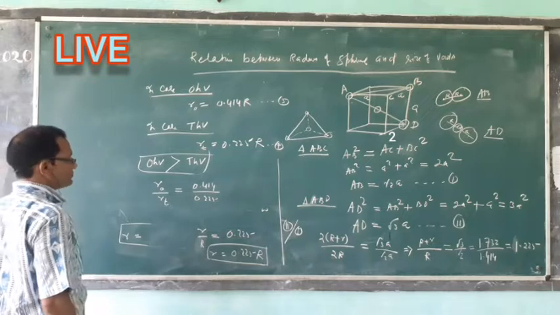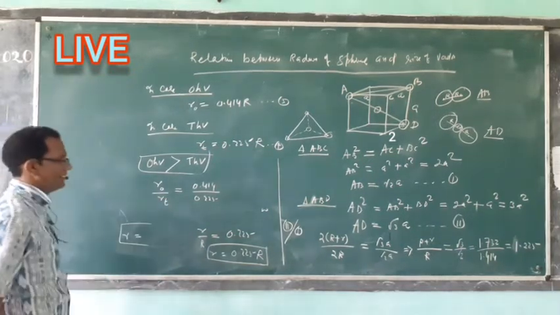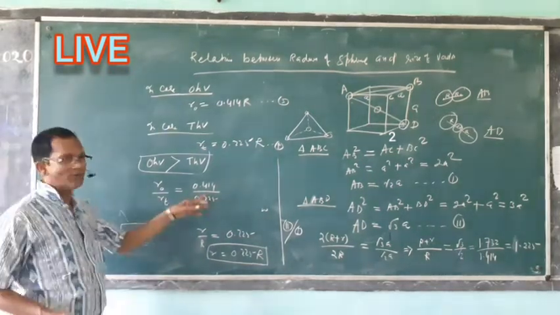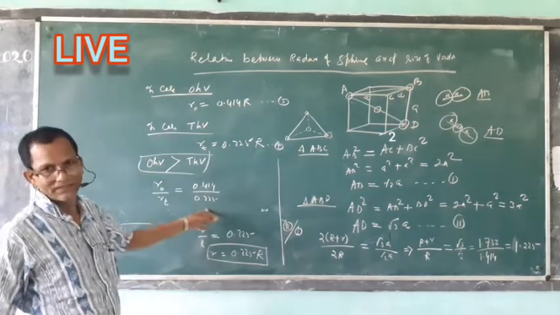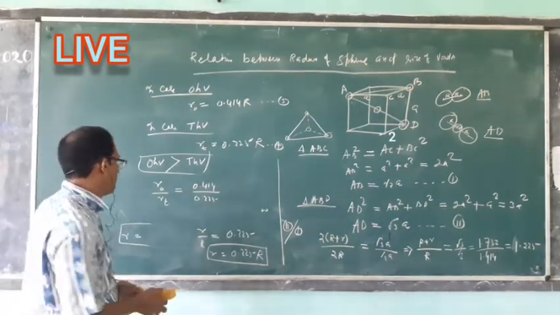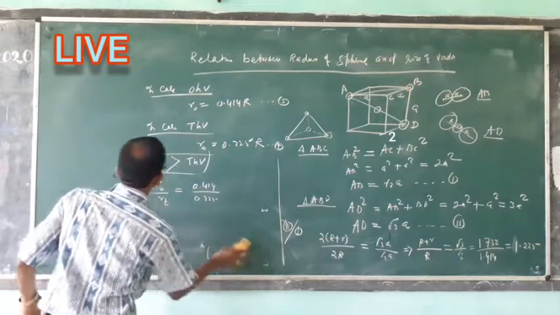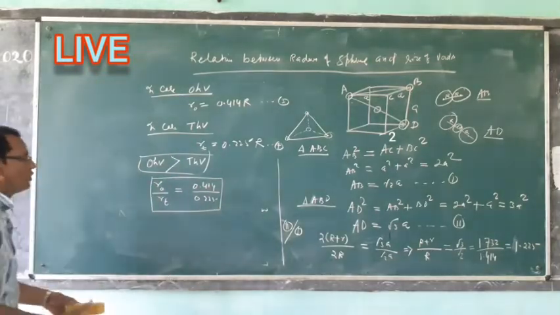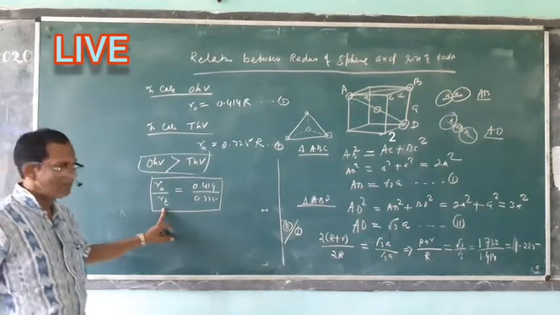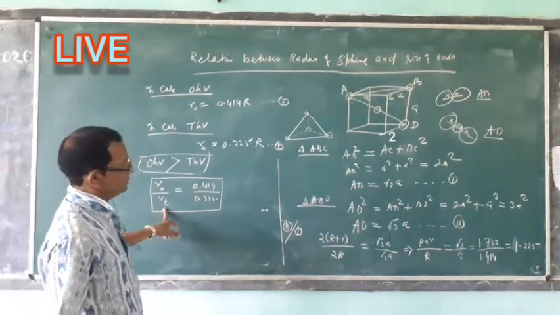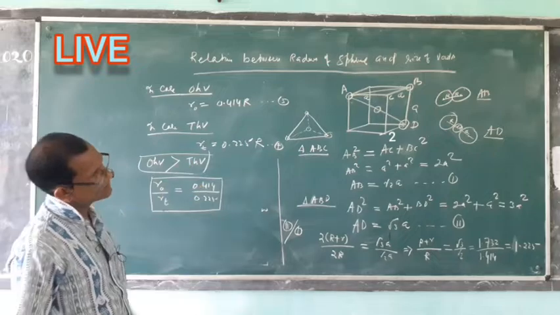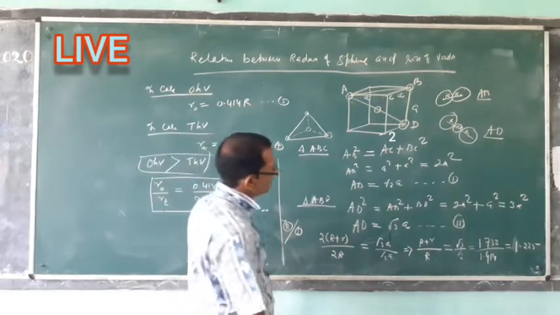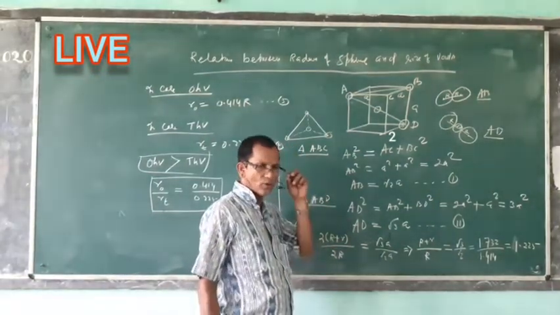This indicates, as it is greater than 1, the relation between the octahedral voids and tetrahedral voids. So always the octahedral void is greater than the tetrahedral void. Okay, thank you.